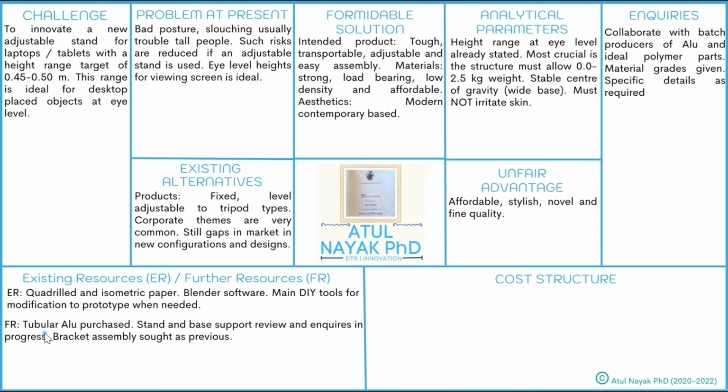So stand and base support review and inquiries are in progress. Bracket assembly sorted as previous. We need to be flexible and allow for closely similar material properties of quite expensive materials, depending on the availability too. You may not get the desired material locally, so keep that in mind.